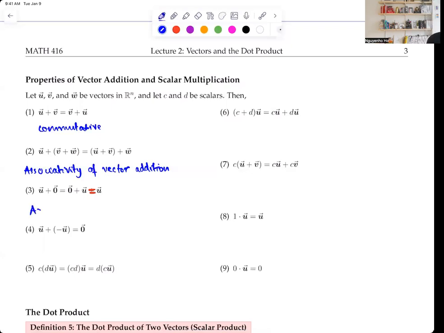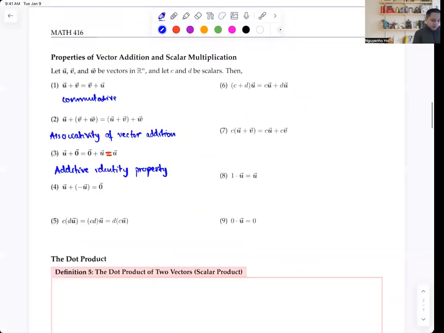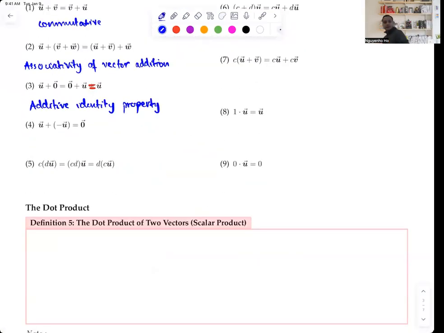So this is called the additive identity property. Number four, u plus negative u is equal to zero. So this is the additive inverse property.